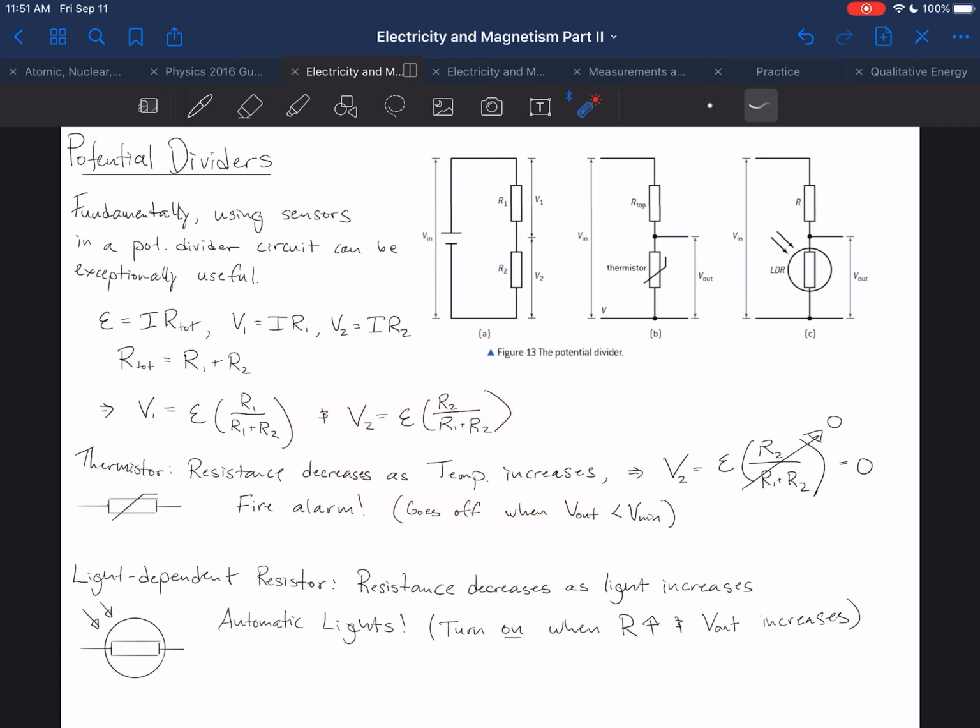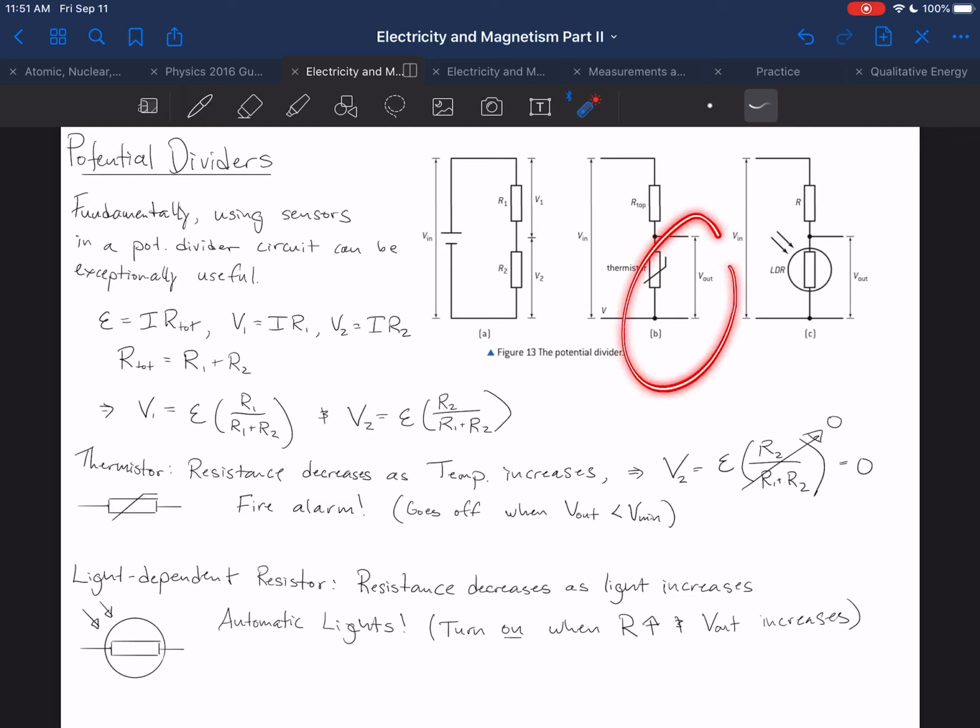Now, what happens if the temperature increases in this particular circuit? Well, as the temperature increases, the resistance of the thermistor decreases, and as a result, V out decreases. And so past a critical temperature, that V out drops below a certain amount.